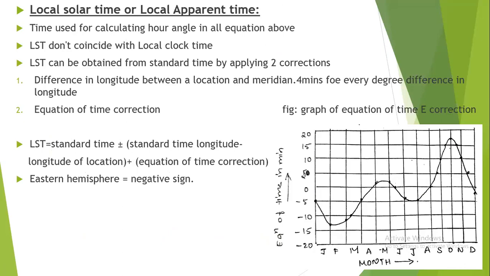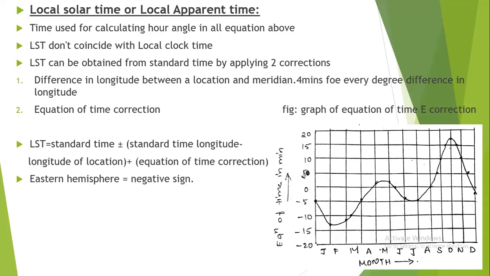All the above equations are used for time calculation. This time is called local solar time, or local apparent time, and it does not coincide with the local clock time.